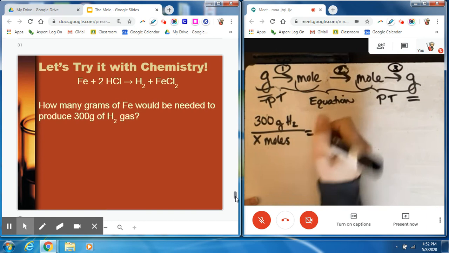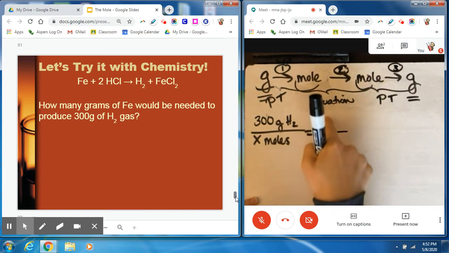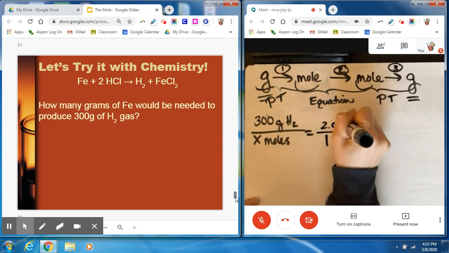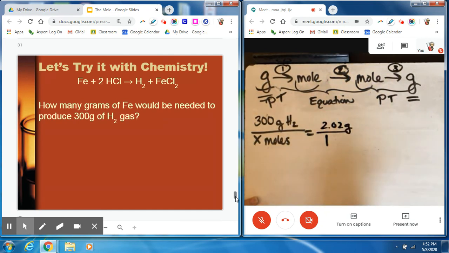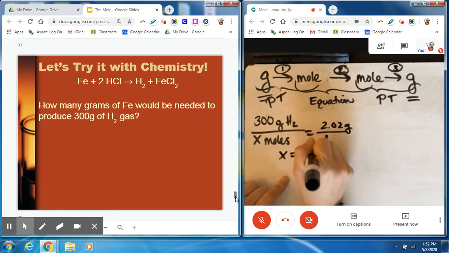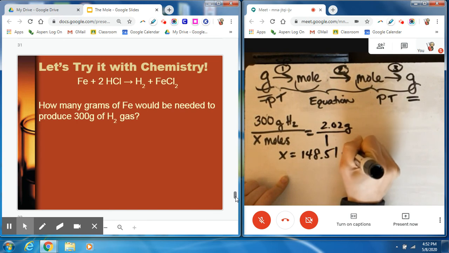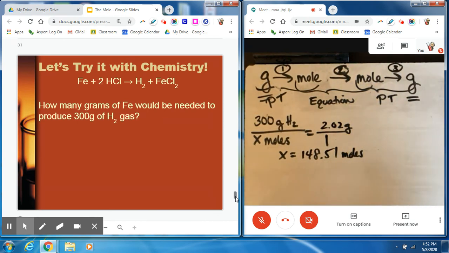Okay, so we know that the relationship between grams to moles for hydrogen gas is that every 1 mole weighs 2.02 grams. We got that from the periodic table. Cross multiply and solve for x, and we find that 300 divided by 2.02 is 148.51 moles. Awesome.